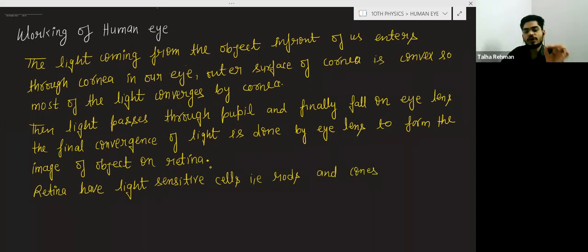They are rods and cones because the shape of these cells is like a rod, like a cylinder. Cone means a cone. Rods and cones.